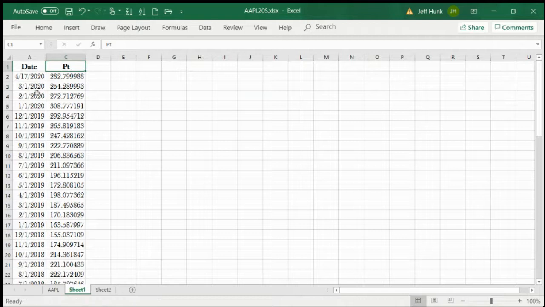So now consider this as the end of the month. So I want to calculate return. How do you calculate return? Remember, one period return, or the monthly return, is PT minus PT minus 1 over PT minus 1.